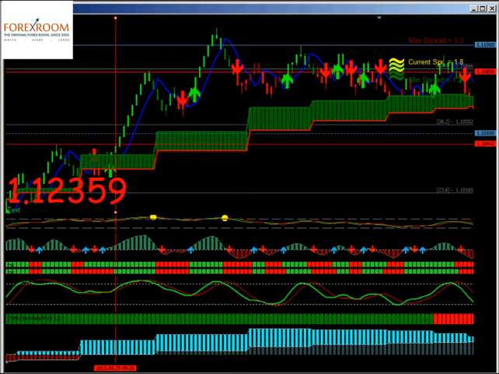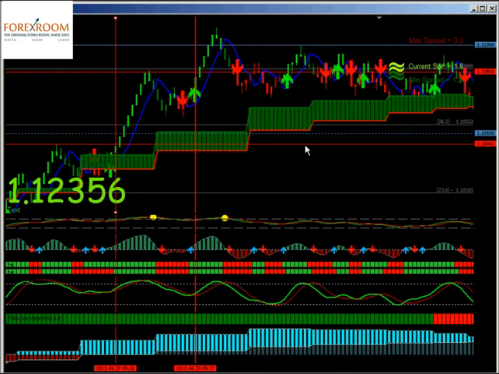He gets another chance to enter a buy right here. Stochastic comes down, goes back up. Everything is turned green.